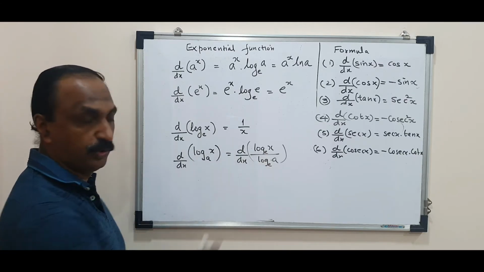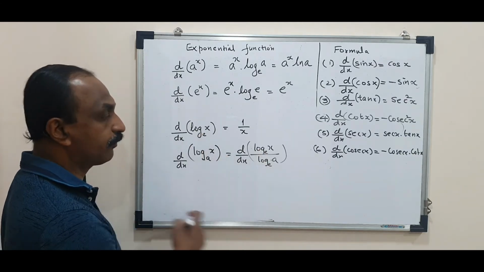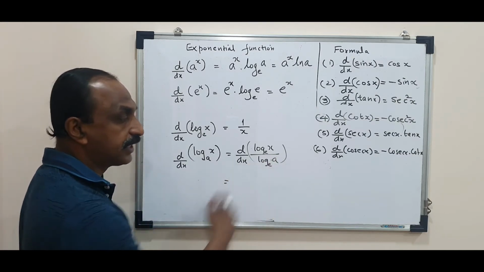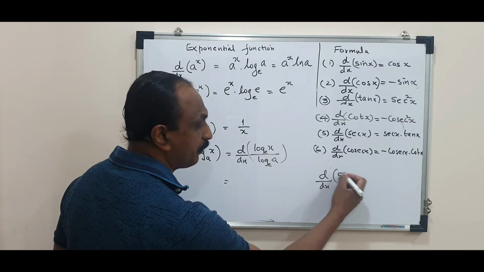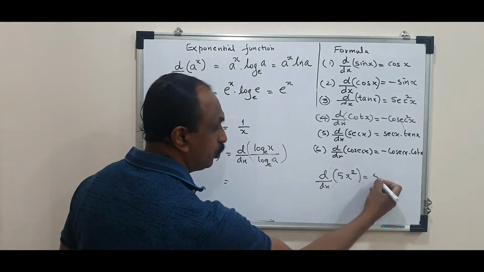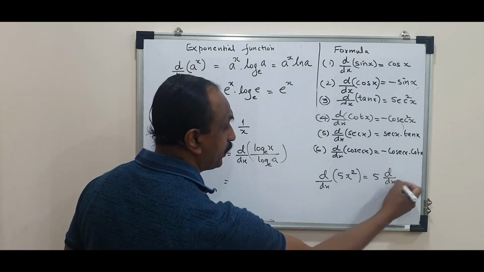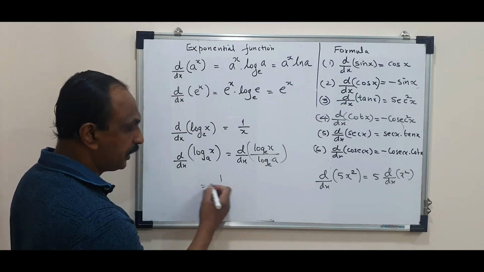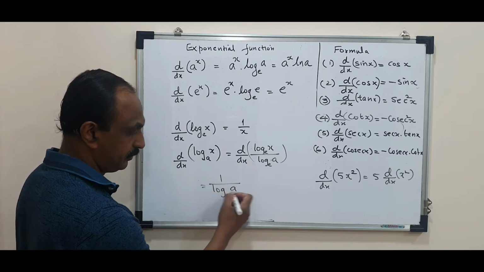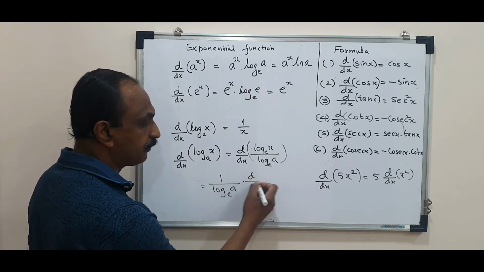I kept the base of both logs as e because that only has a formula. Now log a is a constant. Yesterday I told you, whenever the derivative of a constant multiple is to be found, remove the constant outside and find the derivative of x square. Same way, remove the constant outside and find the derivative of log x.